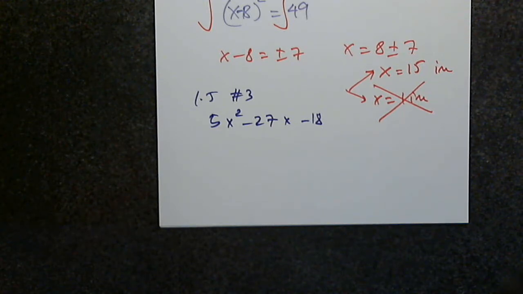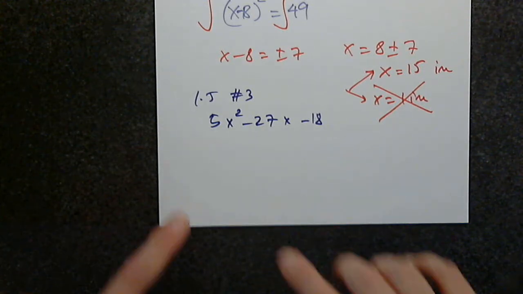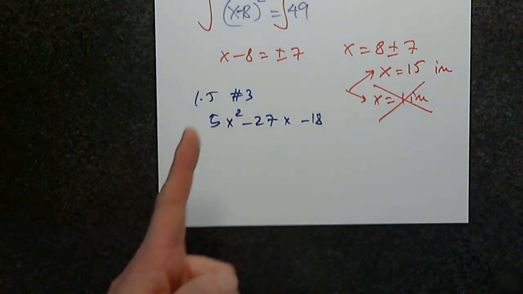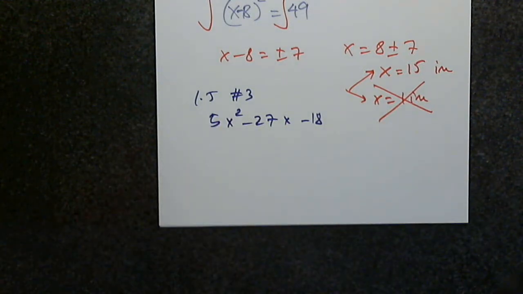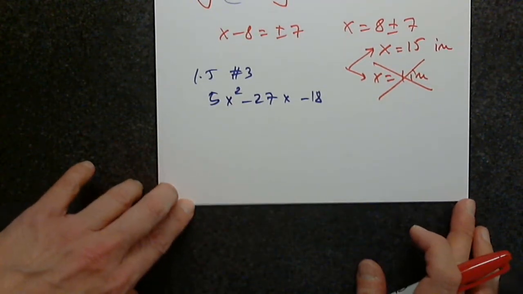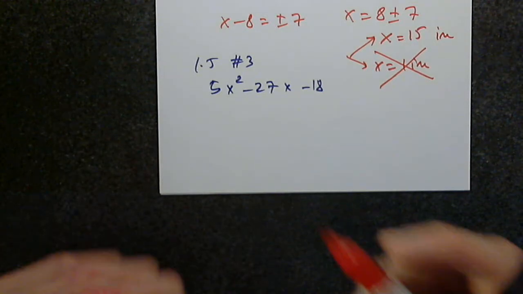Greatest common factor? 5, 27, and 18, nothing in common. Is this a special product? No, because this is not a perfect square, and this is negative and not a perfect square. Is 1 the leading coefficient? Nope. So my only chance is the last possibility, the long method.